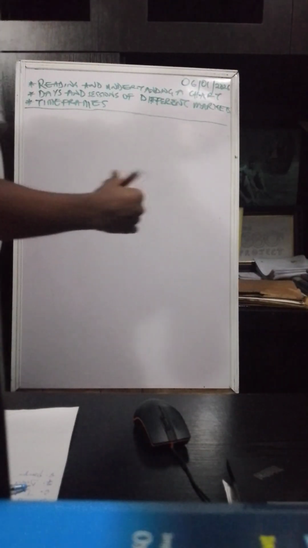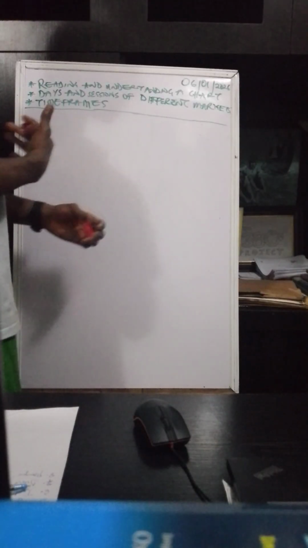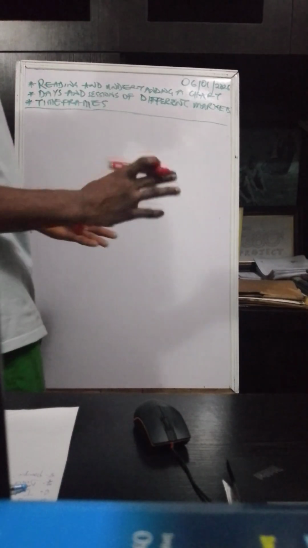So now, every single day there are different amounts of volatility. And why is that? Because of the amount of people buying and selling currency pairs, crypto, whatever market you are dealing with.